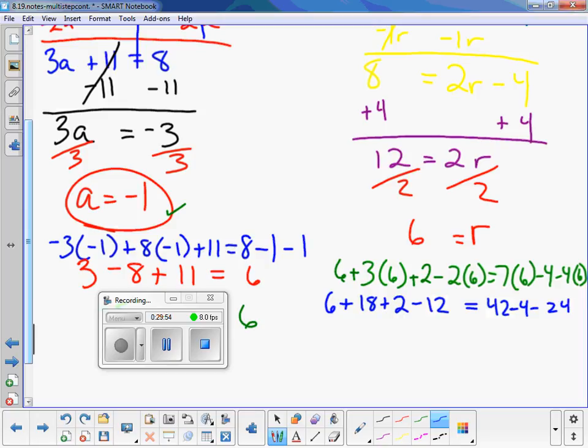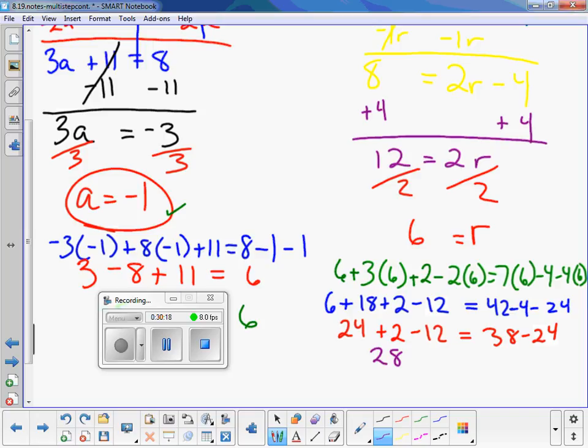Now I have lots of addition and subtraction. So 6 plus 18 is 24, plus 2, minus 12. 42 minus 4 is 38, minus 24. And then I have 24 plus 2 is 28.